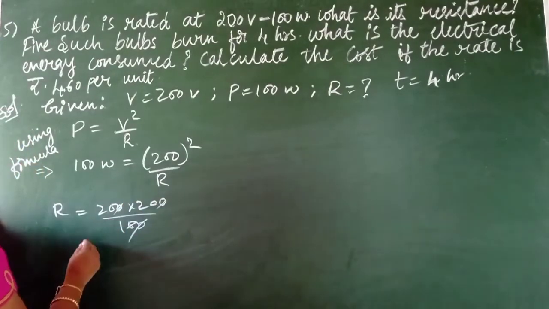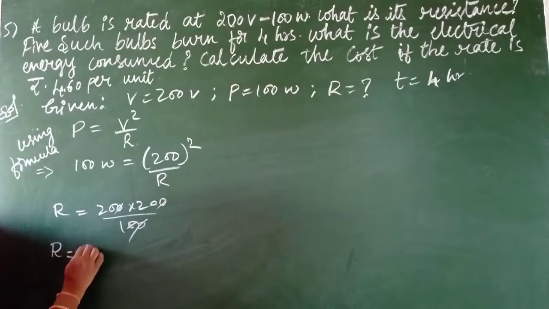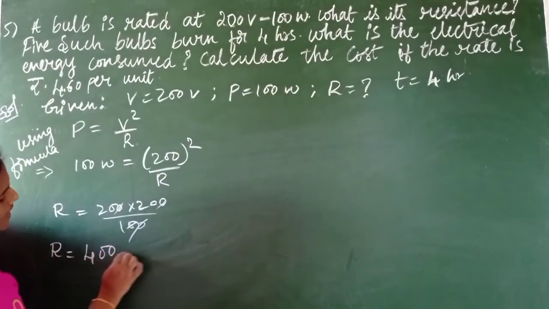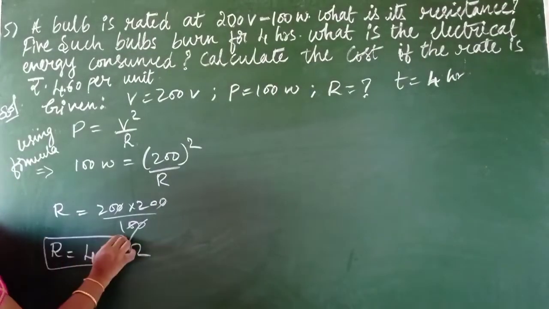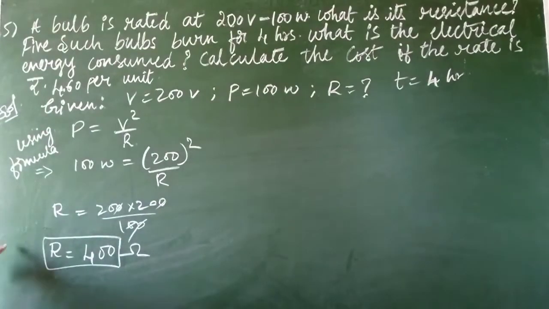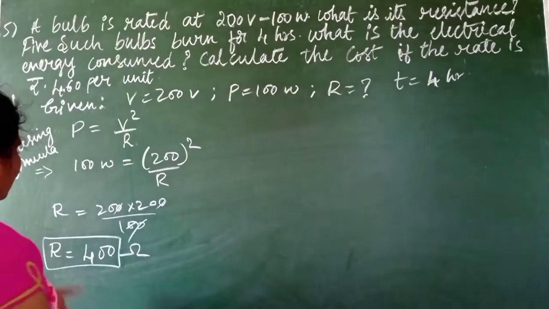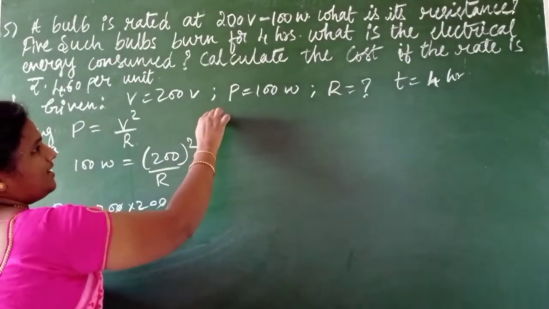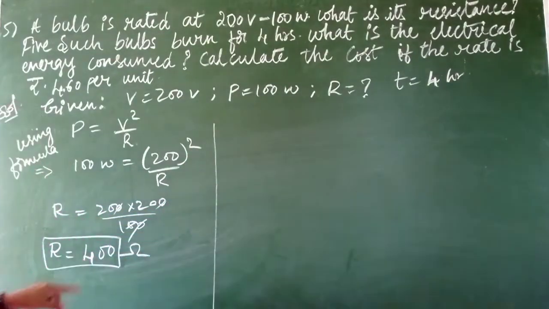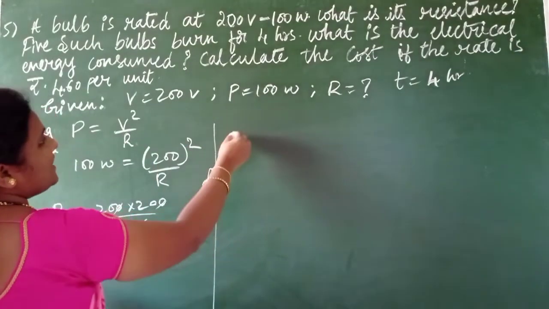So 400 ohms is the value of the resistance. Got it, children? Now we have to find the cost of the electrical energy.